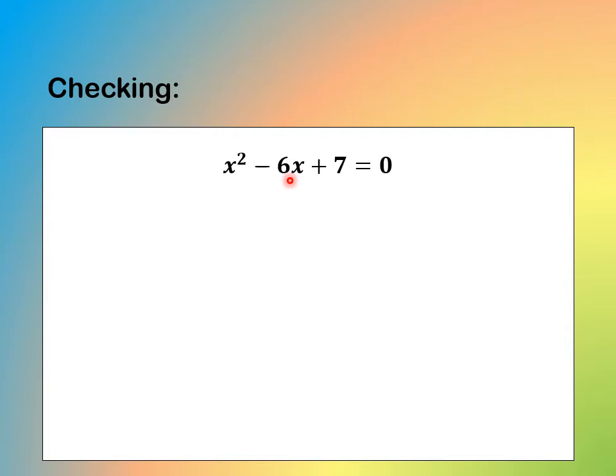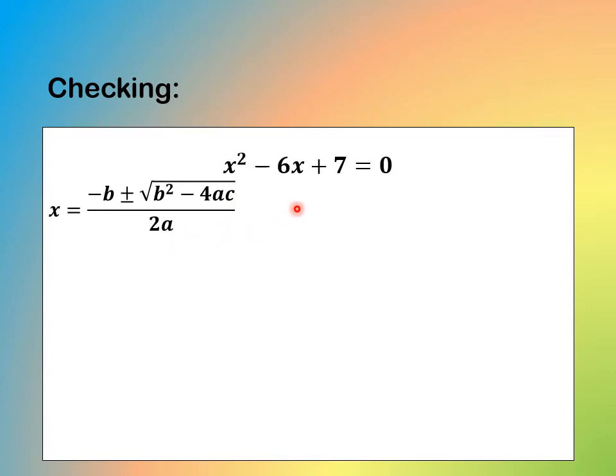So, alin man doon sa dalawa na yun ang gamitin nyo, pwede. Okay? So, let's try to use the quadratic formula. So, again, what's the quadratic formula? We have, okay, x is equal to negative b plus minus the square root of b squared minus 4ac all over 2a.